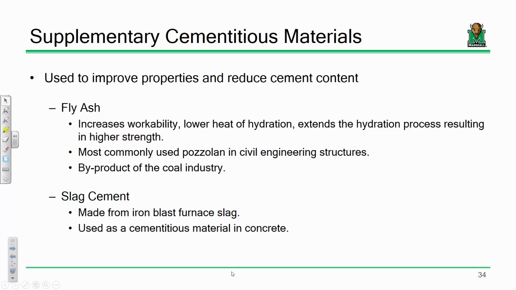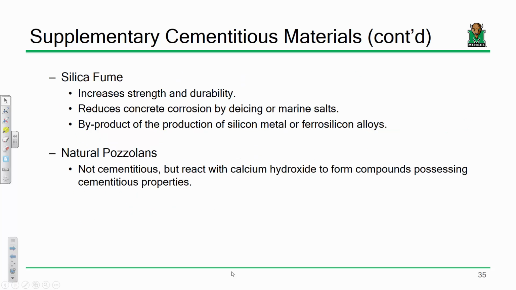So if it's available and if it will work for your given application, it's definitely something you'll want to consider. Slag cement, which is what you'll get from a blast furnace, let's say at a steel mill or something like that, can be used as a cementitious material. Silica fumes, any other natural pozzolans or whatnot can be used to ultimately reduce the amount of cement that goes into a given mix.